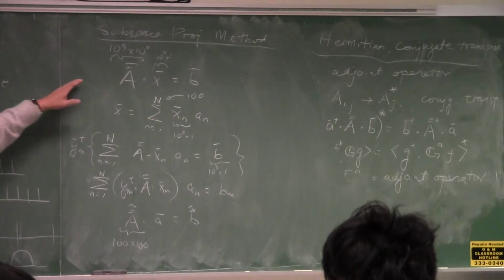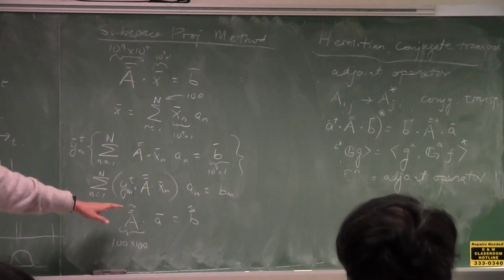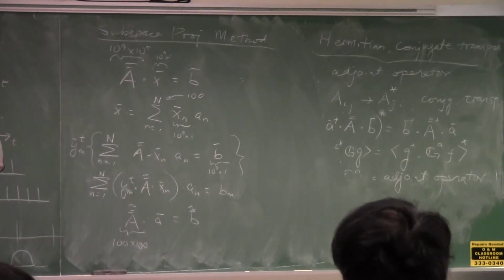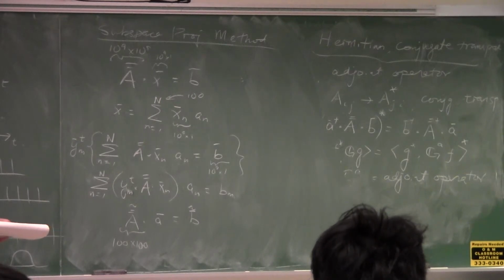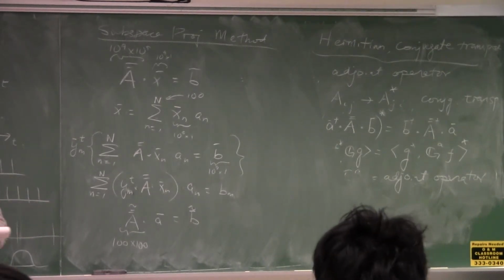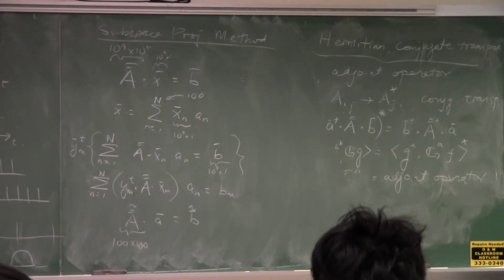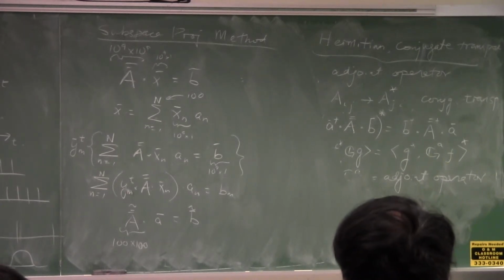And then I end up solving a much smaller system. Okay? So the key is how to find these approximate subspaces, to be a good approximation of the original space.